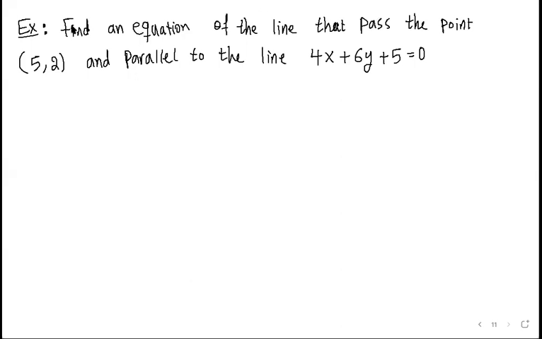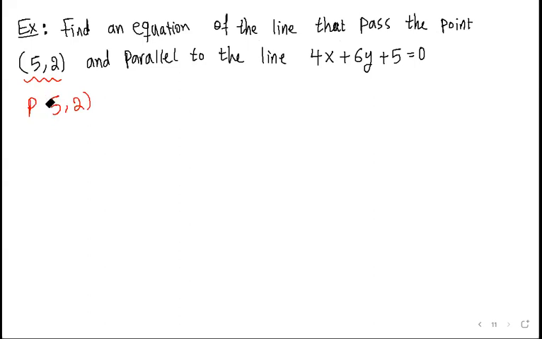So the question is to find an equation of the line. This line passes through a point, and is parallel to the other line. I said before, to find an equation of the line, you have to find a point and find the slope. But here we have only the point, which is 5 and 2, but we don't have the slope. How can we find the slope?